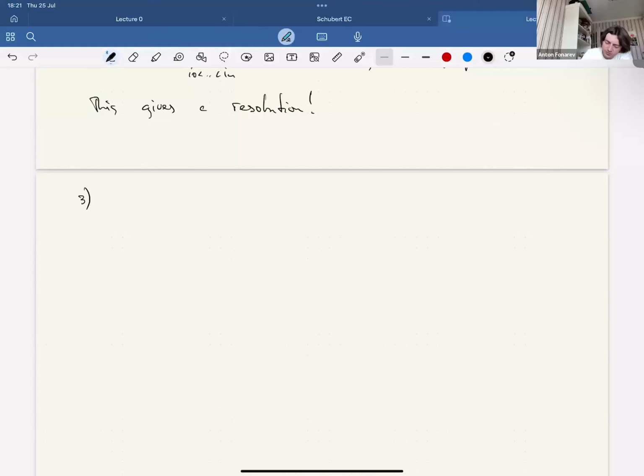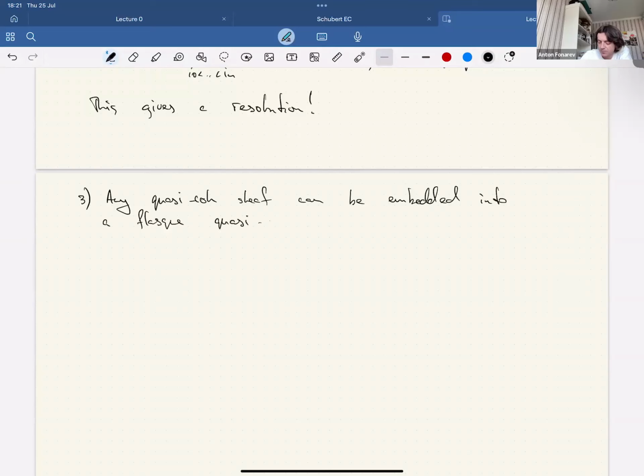Any quasi-coherent sheaf can be embedded into a flask quasi-coherent sheaf, and hint: reduce to the affine case.